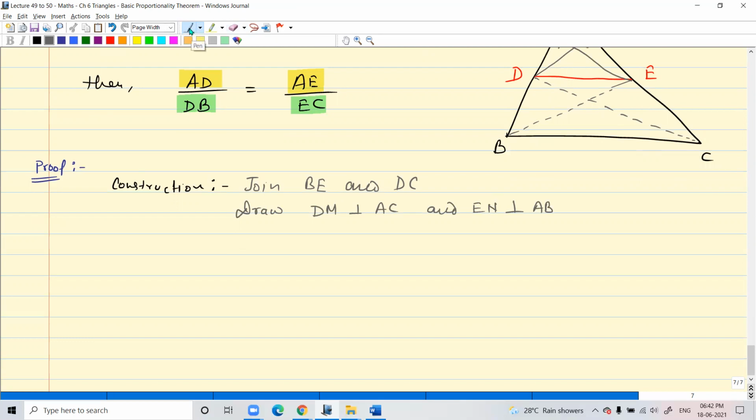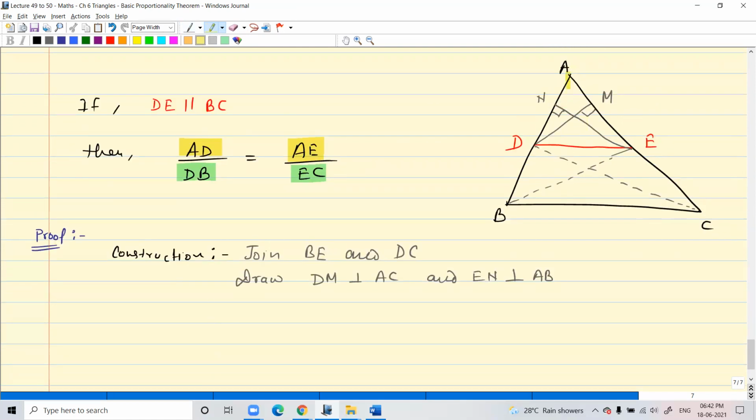So the strategy we are going to use to prove this is to take the area of triangle ADE and divide it by the area of triangle DBE.